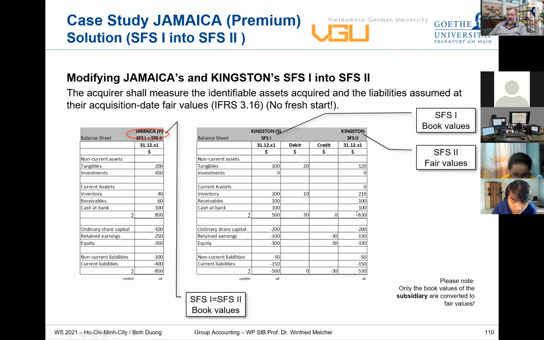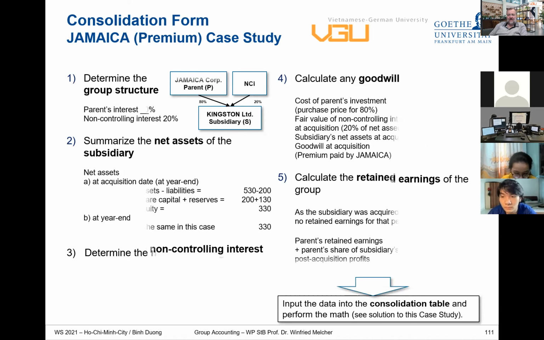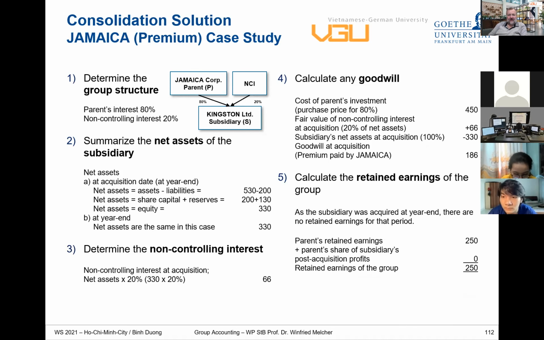The first is to take all the assets, 530, then minus the 200 non-current and current liabilities, and you have 330. Or you take ordinary share capital plus retained earnings, you get 330, or you just take equity, which is also net assets. The 3 ways are the same. You don't have to show that to me in the exam, just take the correct number and then you're fine.